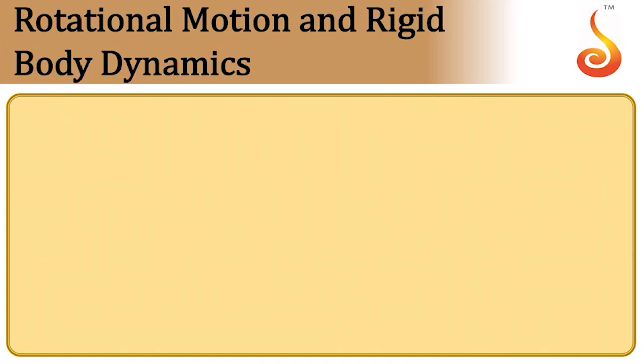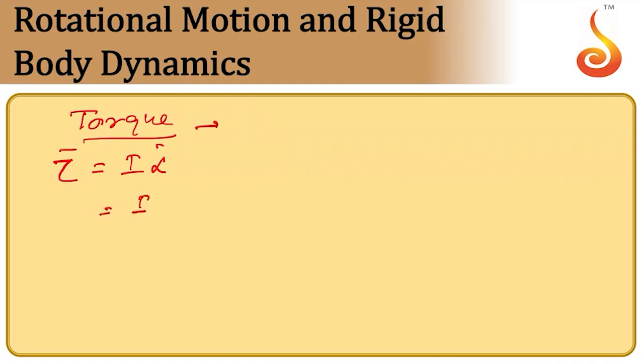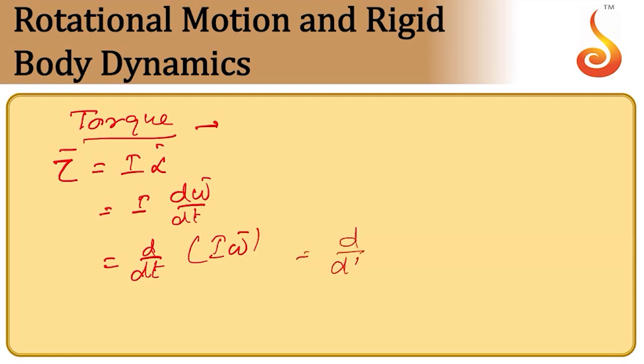One of the very important applications of all these concepts is in the form of torque and the relation to angular momentum. Now, torque is given by I alpha, and this can be simplified further, I into d omega by dt, and this becomes d by dt of I omega. I'm just rearranging this. But this I omega is nothing but the angular momentum. So, dL divided by dt.